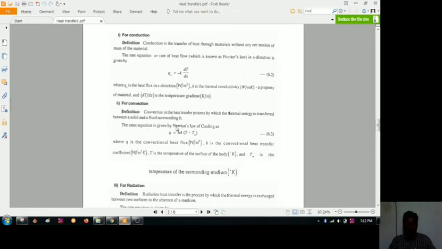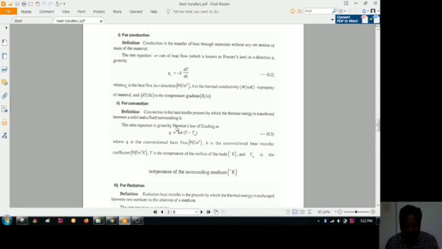In the x direction, Qx is equal to minus K into dT by dx, where dT by dx is the differential term. Qx is the heat flux in the x direction, which is in watt per meter square, and K is the thermal conductivity, which is in watt per meter Kelvin, a property of a material.